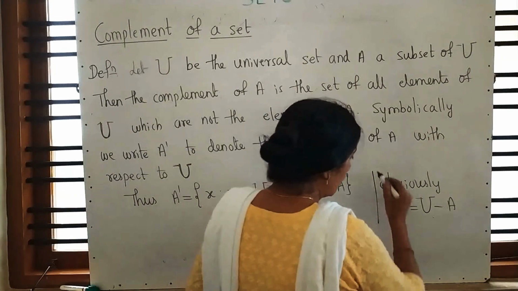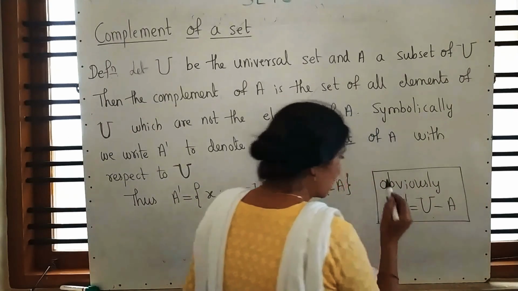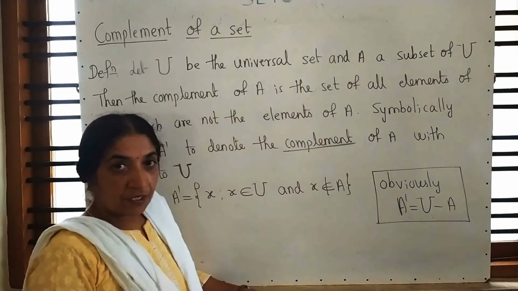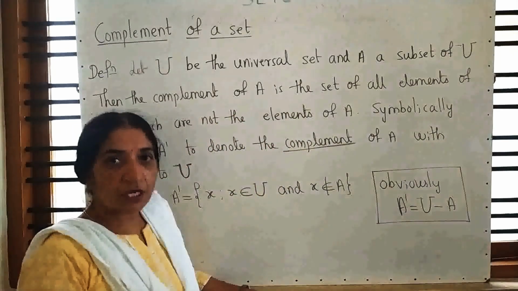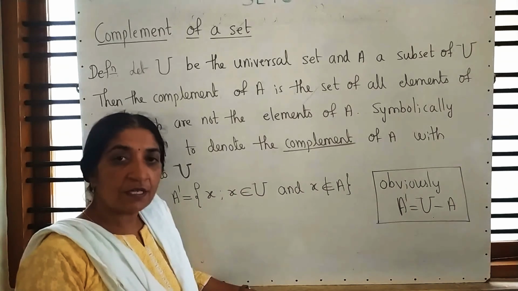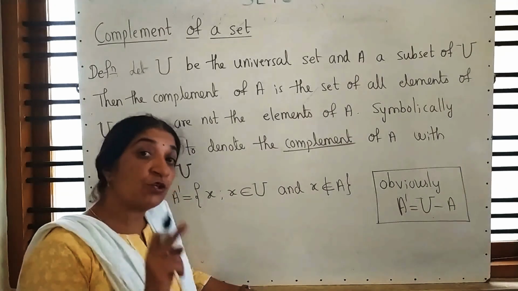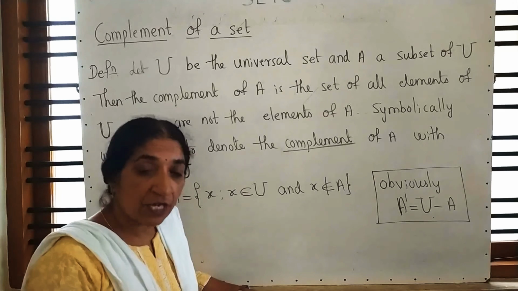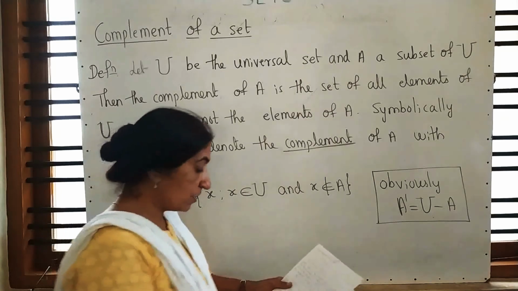This is the difference between the universal set and the given set A. So it is like a difference only, but the main difference is we have to compare with the universal set. Mark that. We have to compare with the universal set.